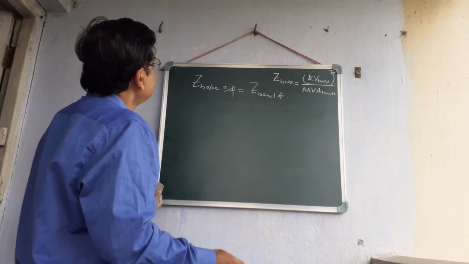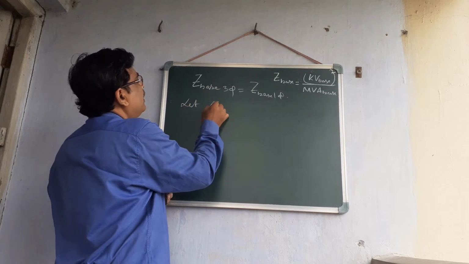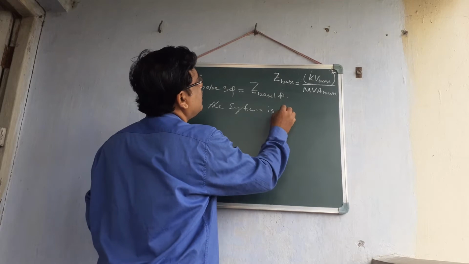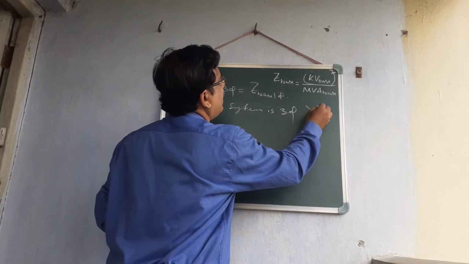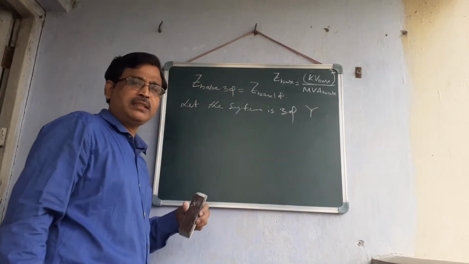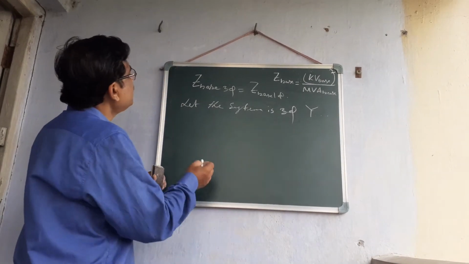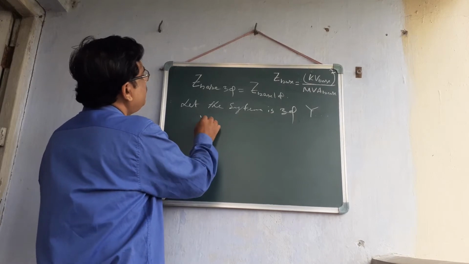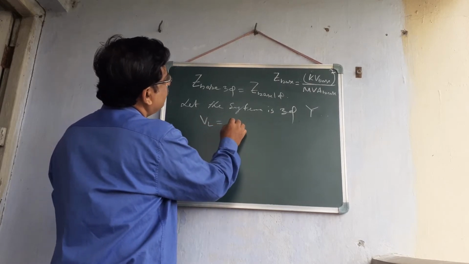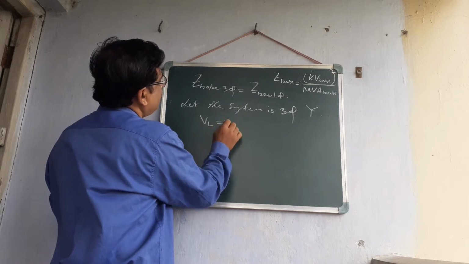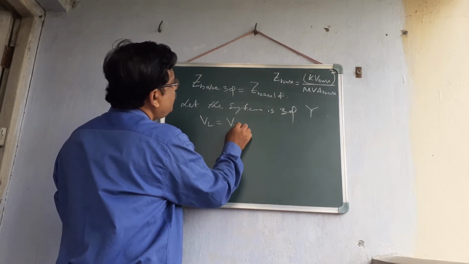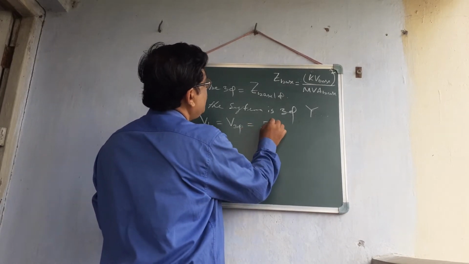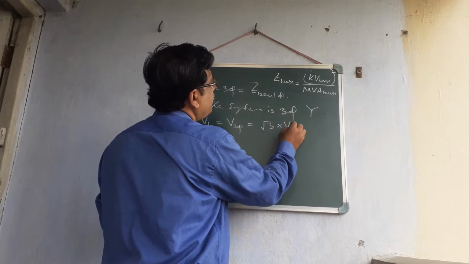Now, let the system be a three-phase star-connected system. Then we can say the line voltage VL, that is V of the three-phase system, is equal to √3 times the phase voltage.